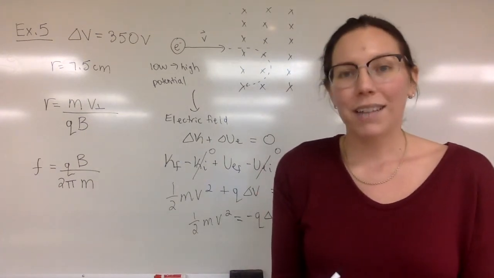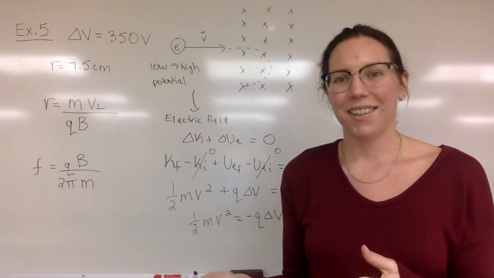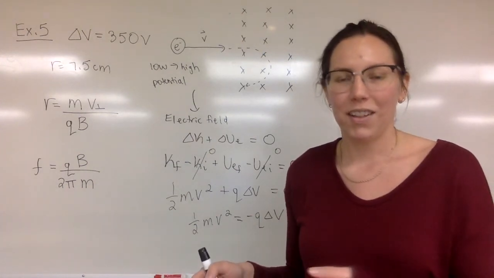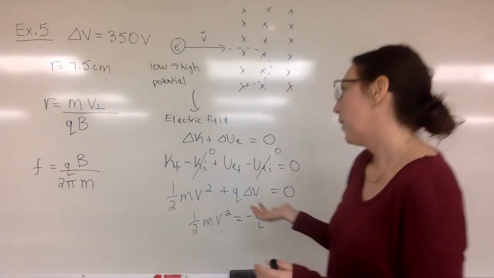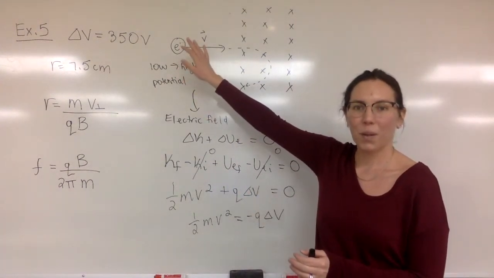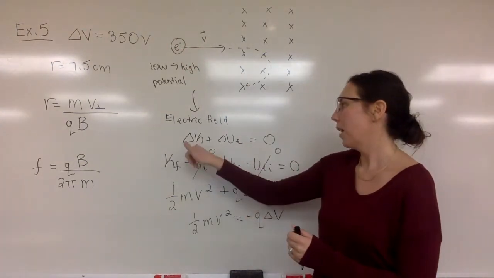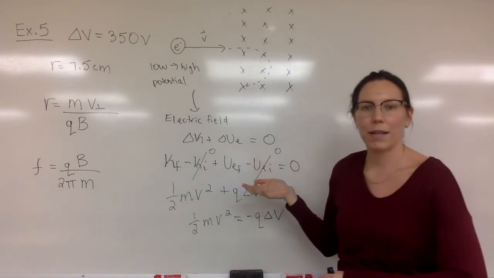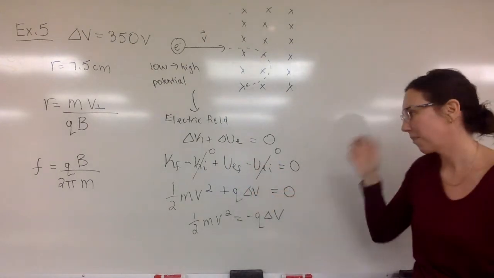We know that an electron would accelerate opposite to the direction of the field, which is going to be from low to high potential. But we can solve for the speed through that portion by using either conservation of energy or work-energy. So if we look here, we have delta K plus delta UE equals 0, conservation of energy for that isolated system.